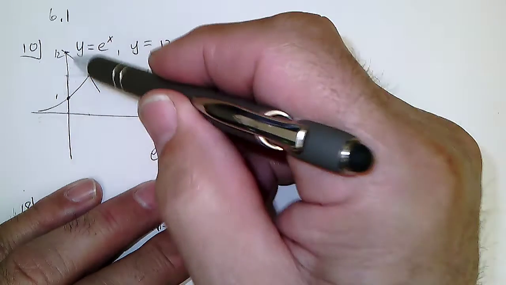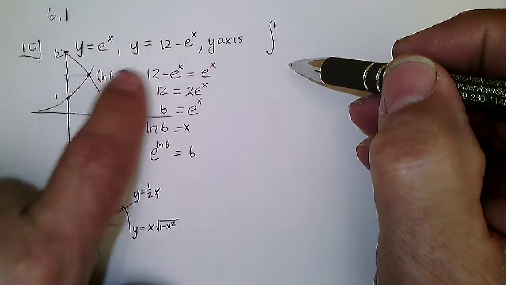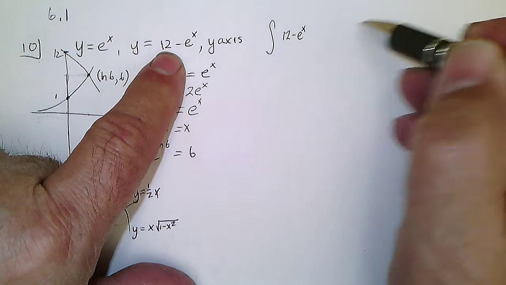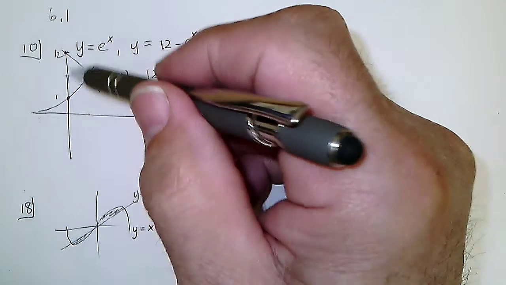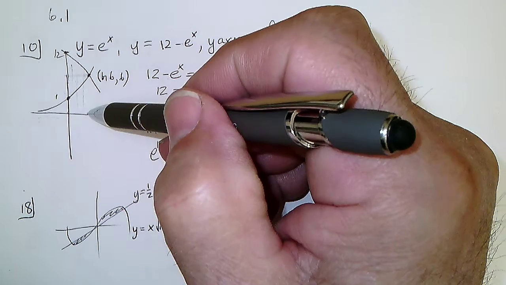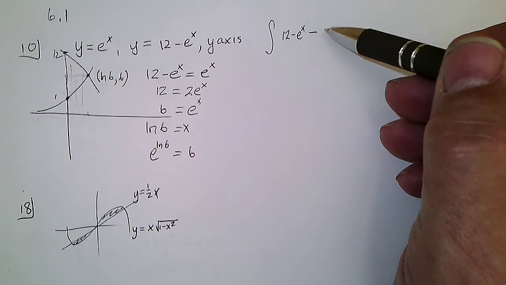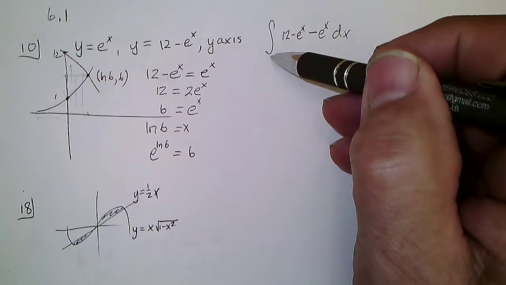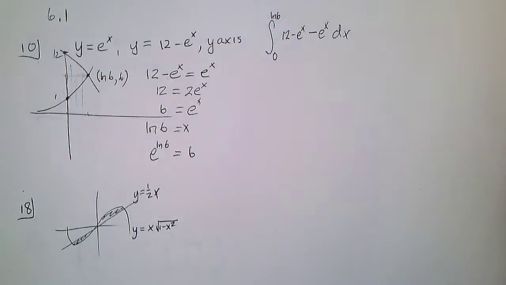If I wanted to go this way, it would be the integral of the top curve, which is 12 minus e to the x, which would give me all the area all the way down. Then subtract the area under e to the x, and I'd be integrating from 0 to ln 6.